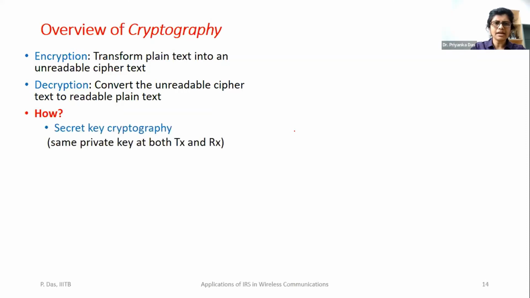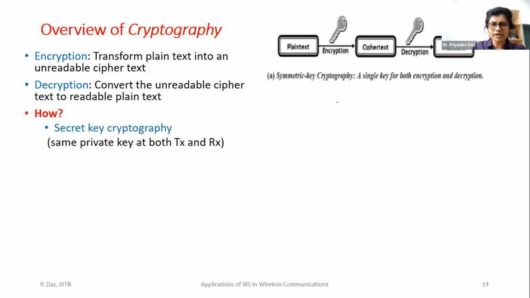Basically, you are going to use some keys to transform your plain text message, which is your data, to a ciphertext message, which is unreadable. And at the receiver end, I will use a decryption algorithm with the help of a key, again a key, and convert it back to plain text.